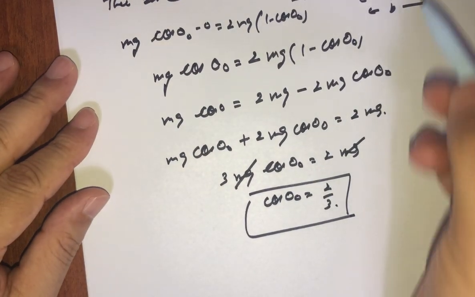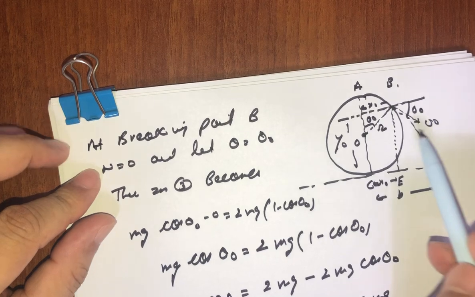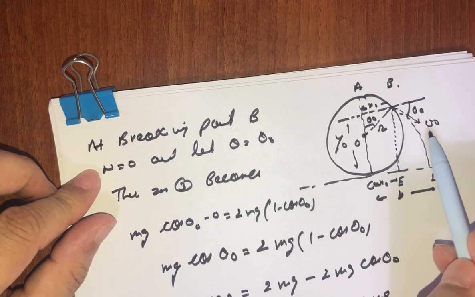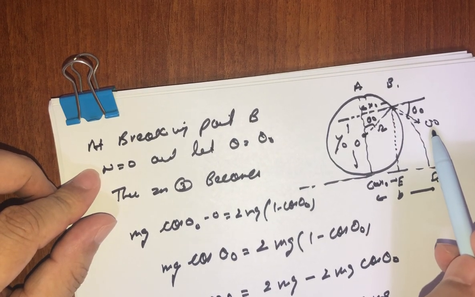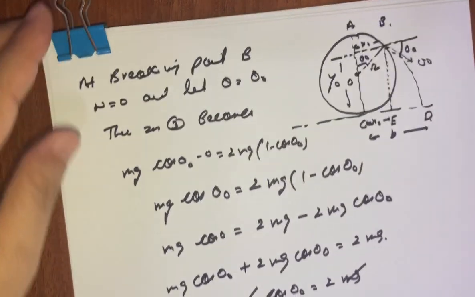Now we already showed in the figure that the projectile is launched with the velocity of v naught, making an angle of theta naught.